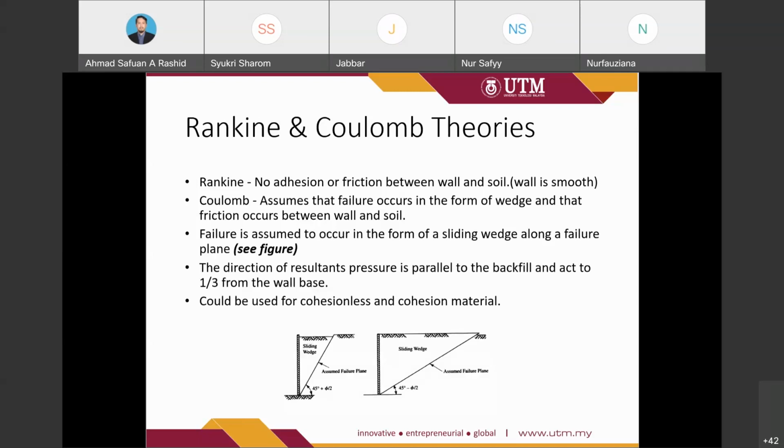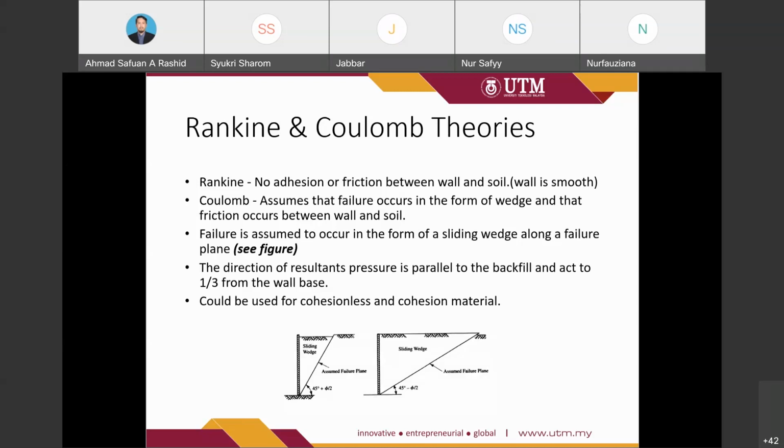For the Rankine theory, the assumption made by Rankine is that there is no friction between wall and soil, so it assumes that the wall is smooth. While the Coulomb theory assumes that failure occurs in the form of a wedge and that friction occurs between wall and soil.